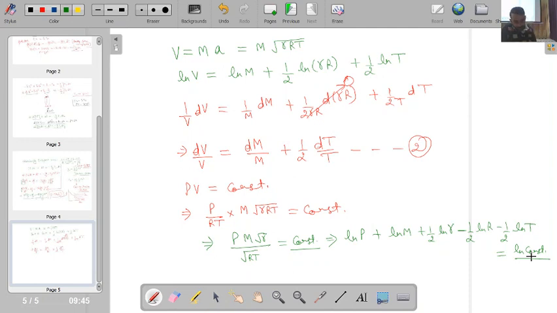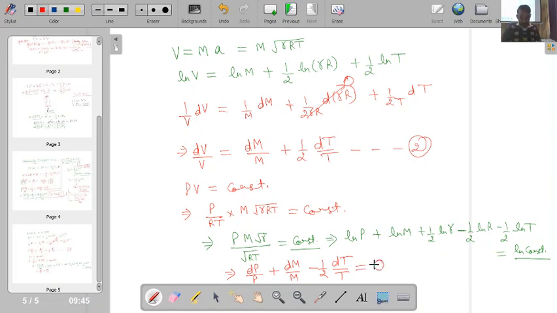Now if I take the differentiation of this, I will get 1 by P into dP plus dM by M, and 1 by 2 ln of gamma will be 0 because gamma is constant, R is constant, minus 1 by 2 dT by T, and on the right hand side also I have ln of constant, so that will be equal to 0.